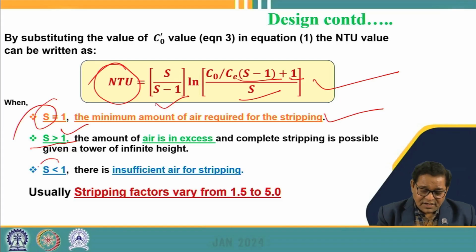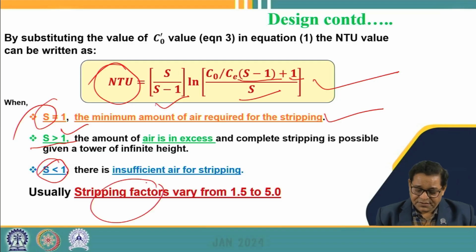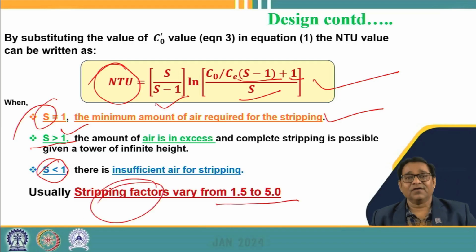In case S is less than 1, it means insufficient air is used, and this will result in lower stripping efficiency of the column. So normally the value of the stripping factor S varies from 1.5 to 5. Depending upon the economy of the process, we can use a factor of 2 to 3 as per the design.